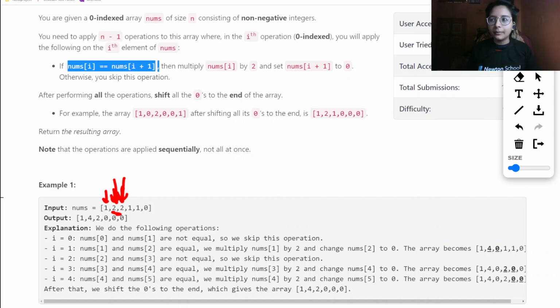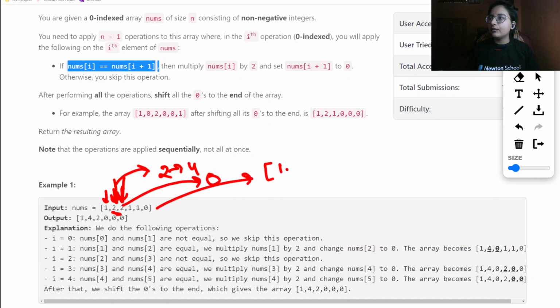And as both of them are equal, we will modify 2 multiplied by 2 equal to 4, and the next would be modified to 0. So now the new array would be 1, 4, 0, 1, 1 and then 0. Now this would be skipped, and now comes this part, this 1, 1.